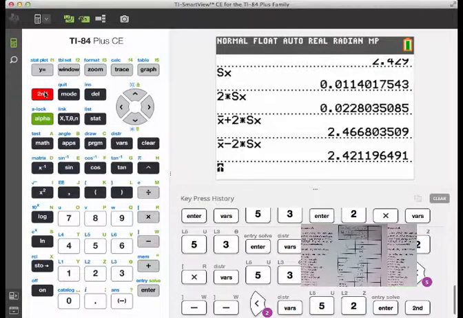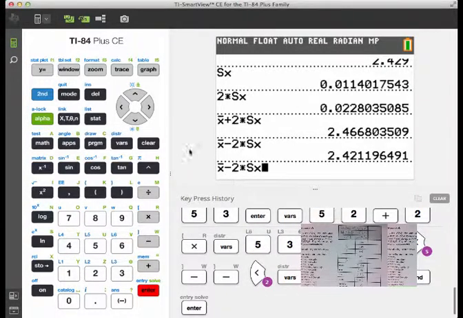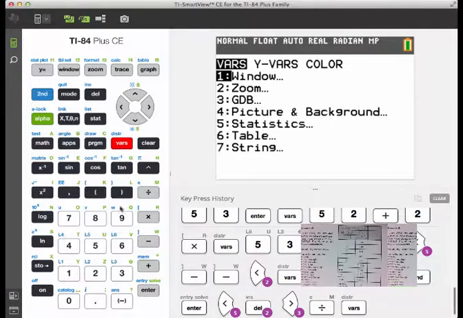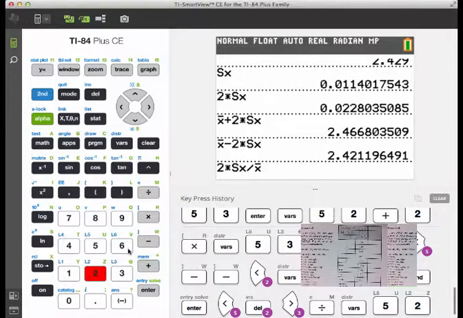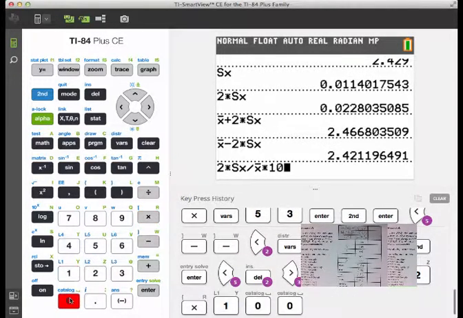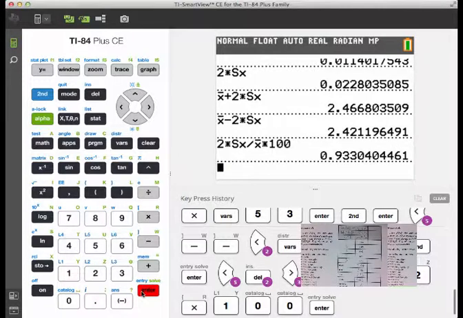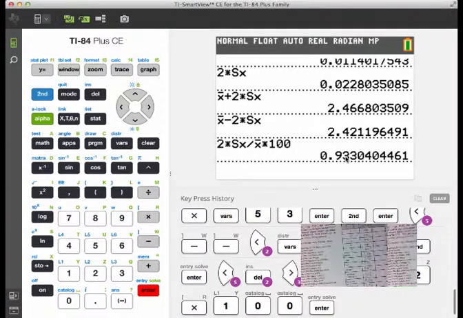So I could do this trick again, second entry, and I'll just back up, delete these 2, and now I've got 2 times the standard deviation divided by the mean times 100. And so we get 0.93, and that 3 is not large enough to make it round. So the percent data error is 0.93%.